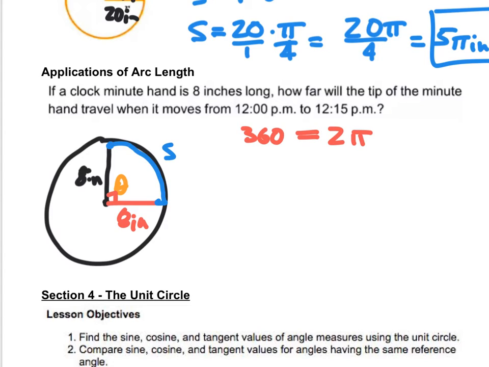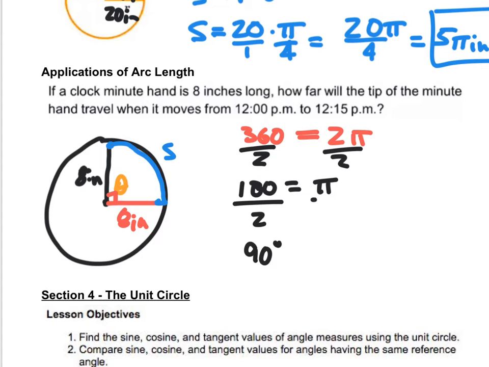If I divide this in half, I get 180 is equal to pi. If you divide this again by 2 to get 90 degrees, that's going to give you that 90 degrees is the same thing as pi over 2 radians. So theta is equal to pi over 2 radians.